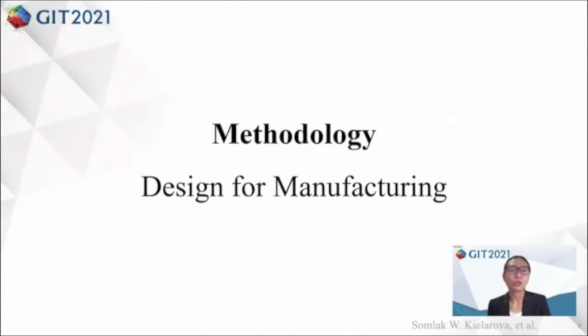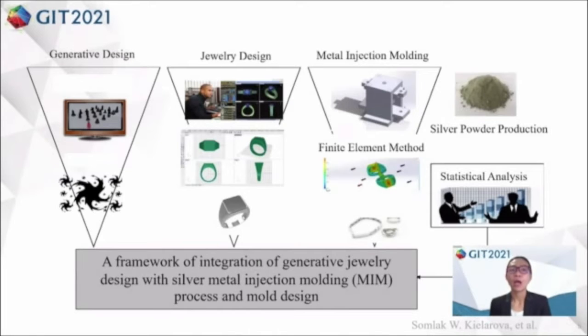Now I would like to show you our methodology in the concept of design for manufacturing. Our work is related to various theories. Starting from design, we use generative design and integrate it with jewelry design. We study metal injection molding, silver powder production, and finite element methods.